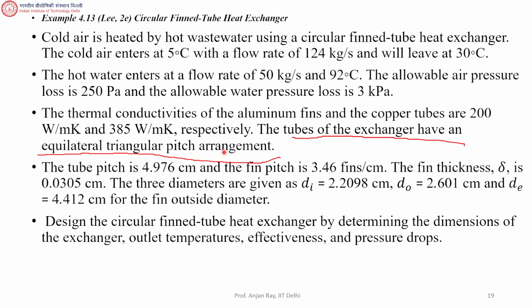For example, this is m dot air is 124 kg per second, isn't it? So then T air outlet is 30 degrees Celsius. Things like that you should keep writing as you read the question paper.